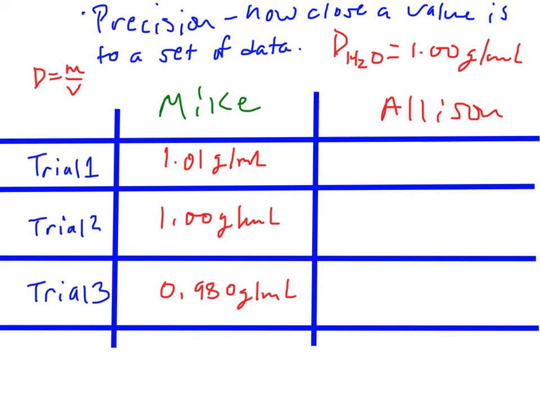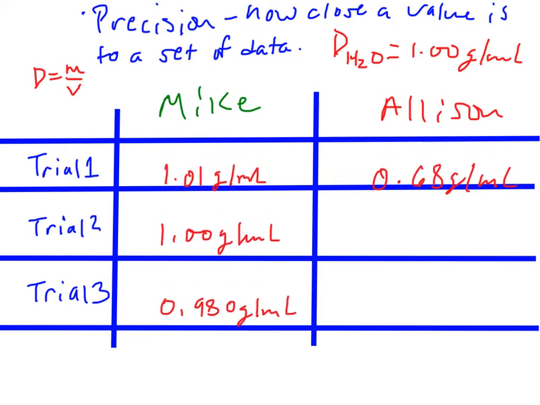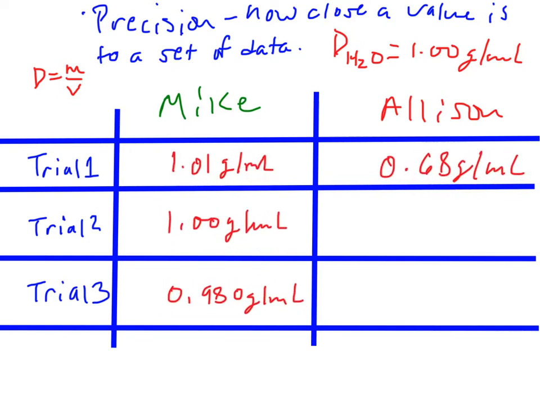Then Allison performs this experiment, and she gets 0.68 grams per milliliter, then 2.03 grams per milliliter, and finally 1.53 grams per milliliter.